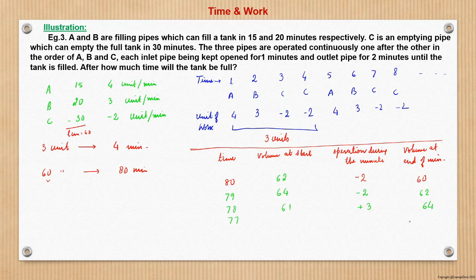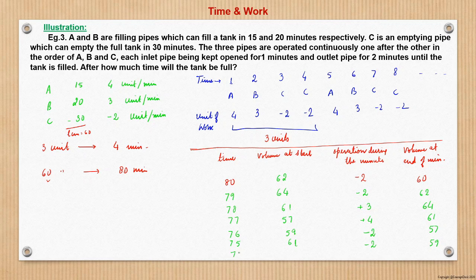Then 77th, end would have been 61, operation +4, so start 57. Then 76th, end 57, operation -2, so 59. Then 75th minute, end at 59, then -2 operation, it would have been 61, then only 61 -2 would have given 59.